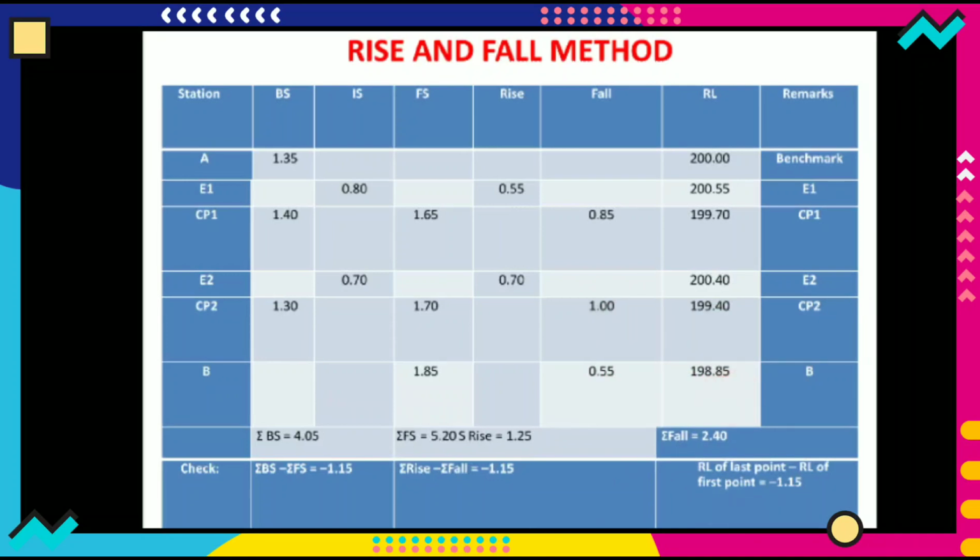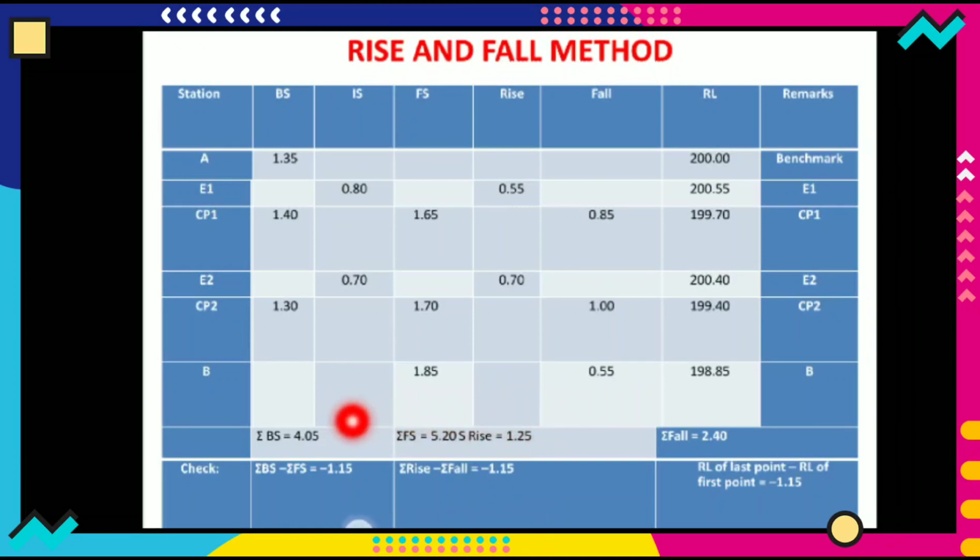Then all the procedure is the same, like summation of backsight minus summation of foresight is equal to minus 1.15 like in the previous question, and the last RL minus first RL, 198.85 minus 200, is also minus 1.15, and summation of rise minus summation of fall is also minus 1.15.